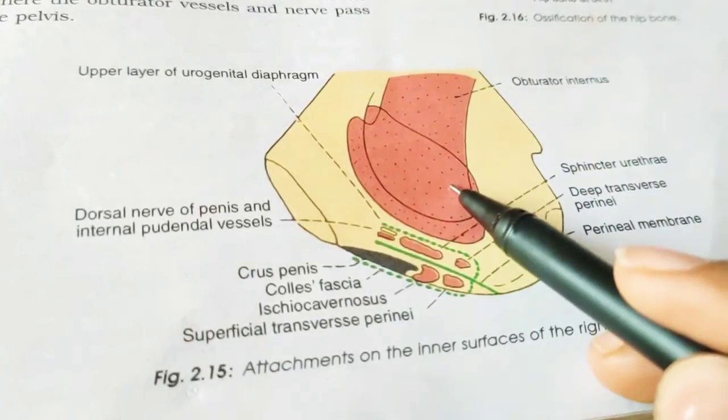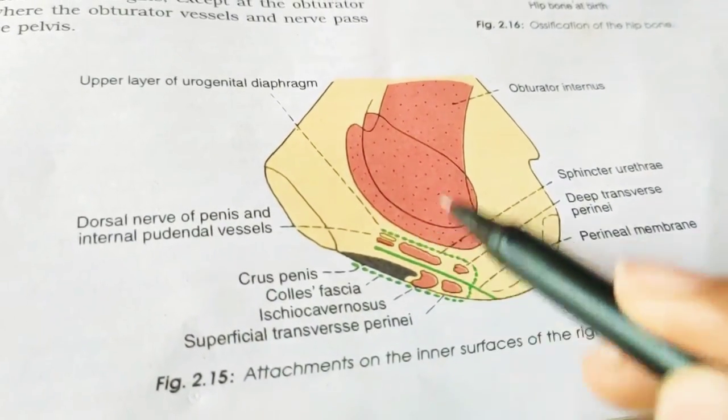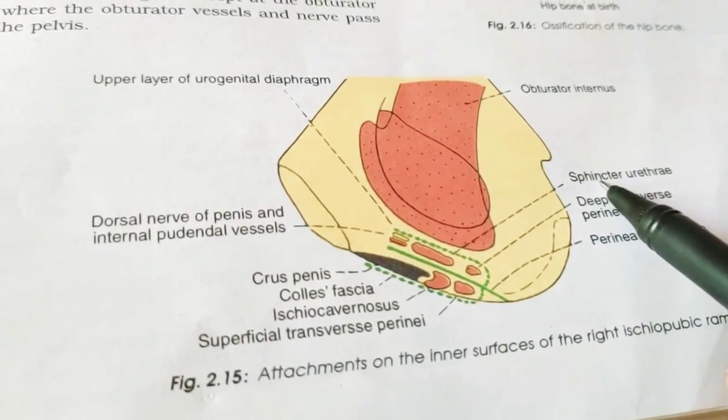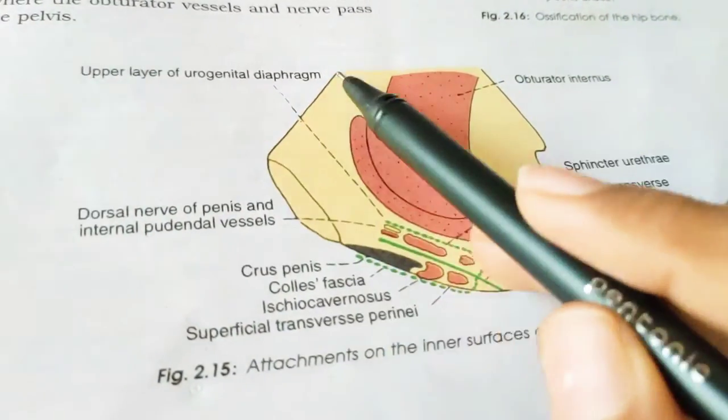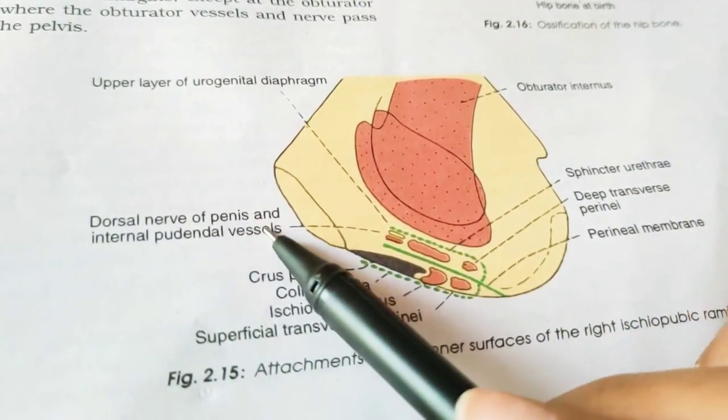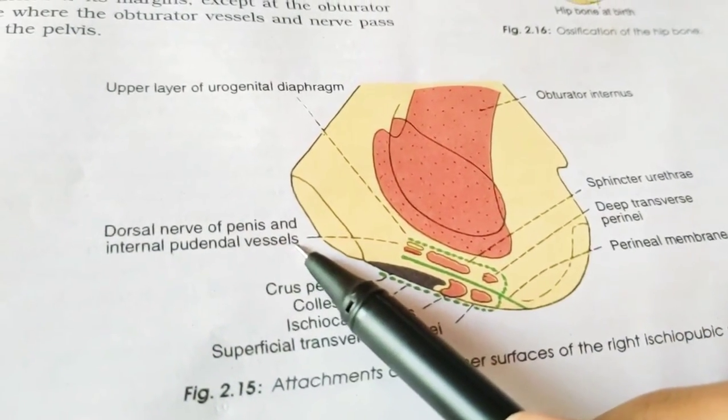If you understand, this is the obturator internus, this is the middle part, and this is the lower part giving origin to sphincter urethrae. This is the upper layer of the urogenital diaphragm, accompanied by the dorsal nerve of the penis and internal pudendal vessels.